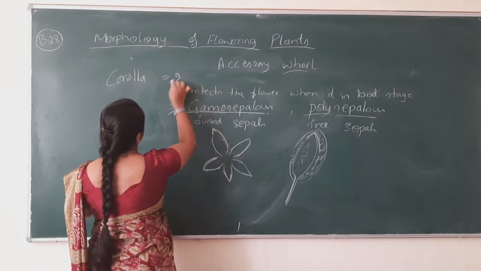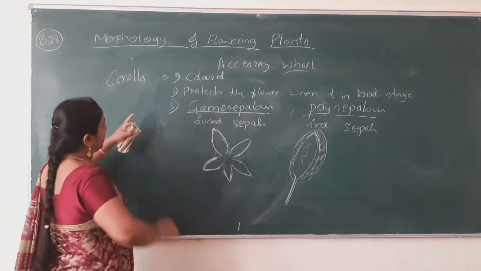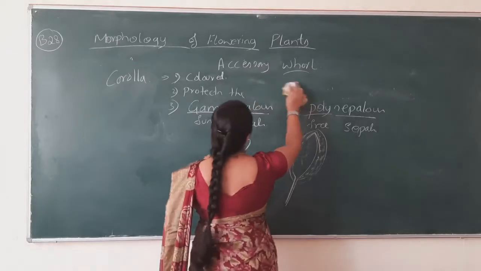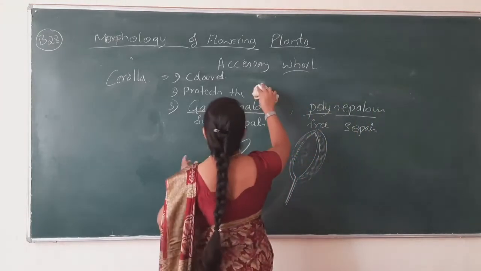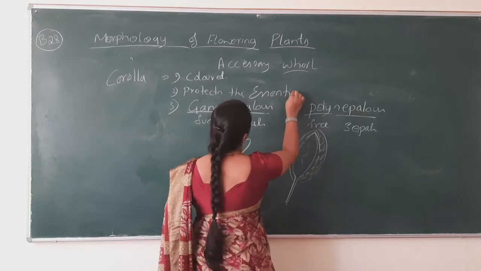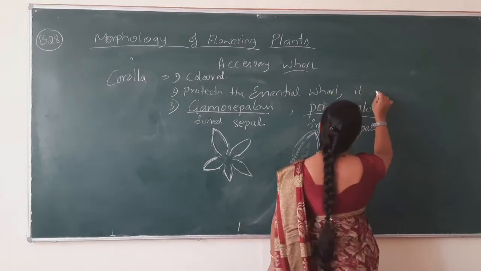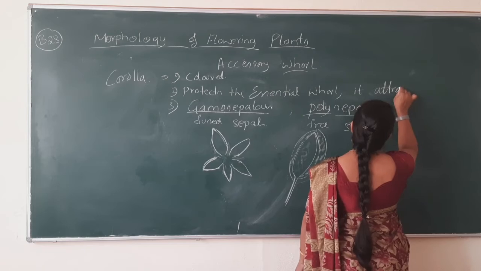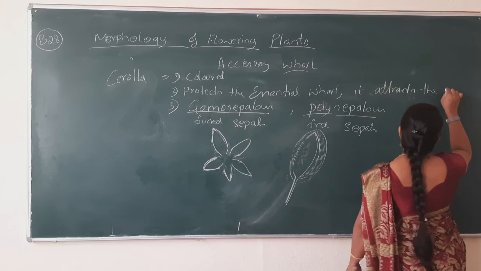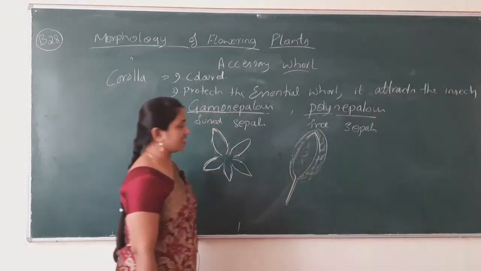So this is a colored organ which protects the essential whorls, and also it attracts the insects.